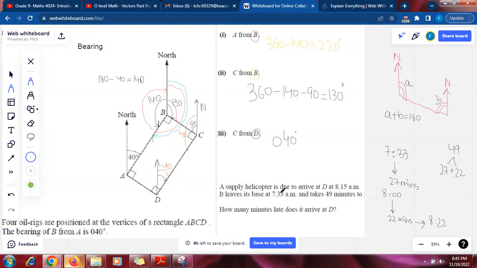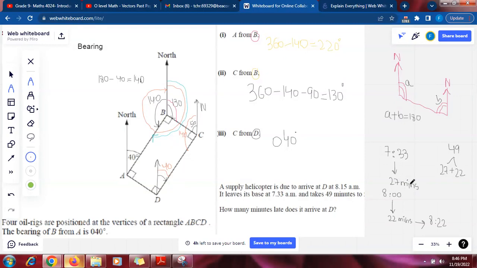Since it is starting from 7:33 and taking 49 minutes to reach the destination, I will start with 7:33 and add minutes so that it moves up to a whole number, that is an hour. I will see how much time is left for 8 a.m. So I will add 27 minutes, and by adding 27 minutes, the time will be 8 a.m.